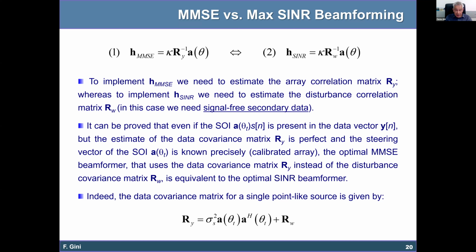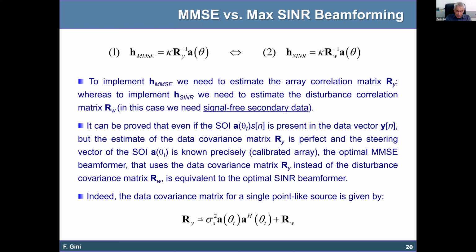But if we know exactly Ry and Rw, and we steer the beam in the direction of arrival of the single point-like target, so we steer the beam to theta t, it can be proved that the two beamformers coincide. Why? Let's see how to prove this, okay?